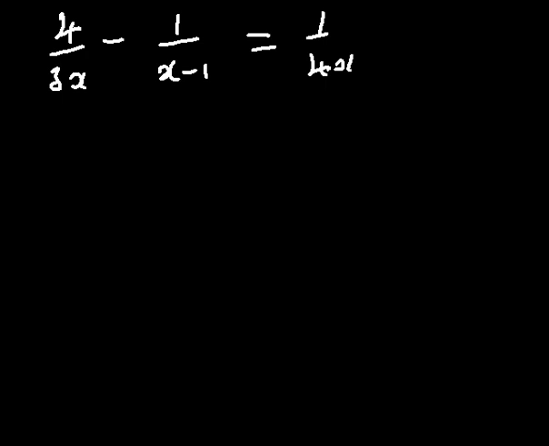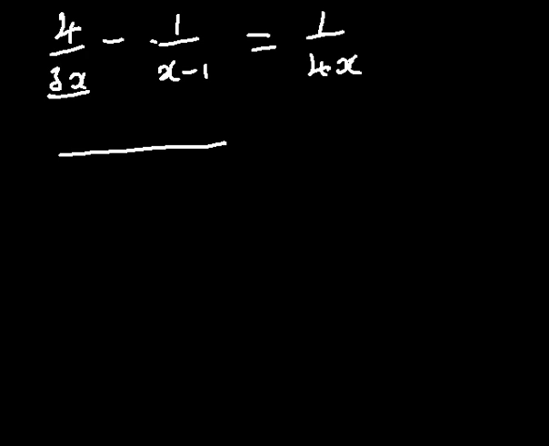How do you think you can solve for x in this case? There are two methods that we can think of in order to solve for x. The first method is that we express these two fractions as a single fraction. What is the common denominator for these two denominators?